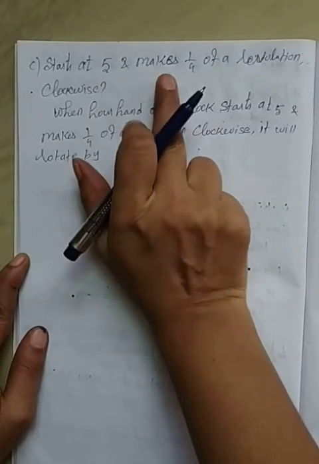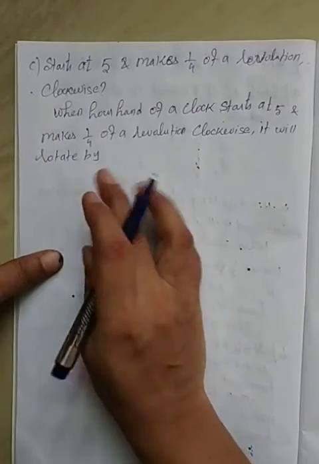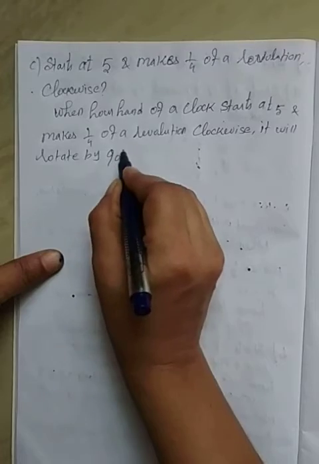Start at 5, then 6, 7, 8. The finishing point is 8. So it will rotate by 90 degrees.